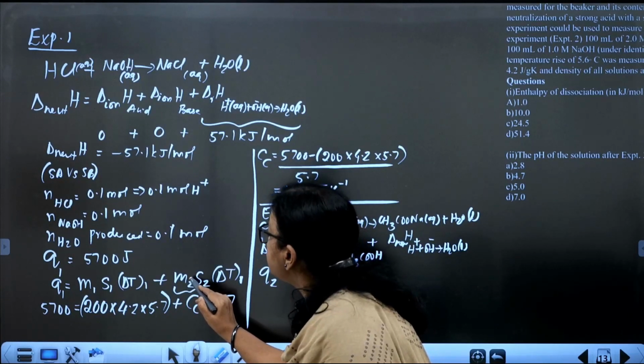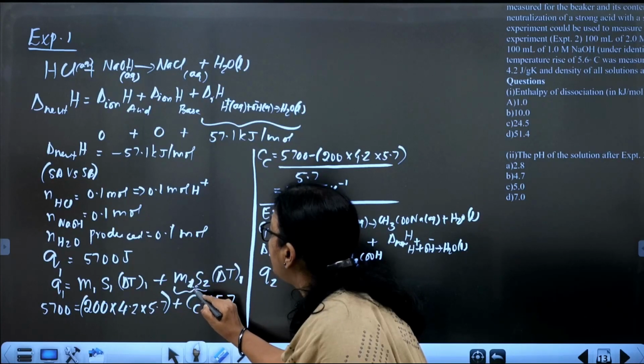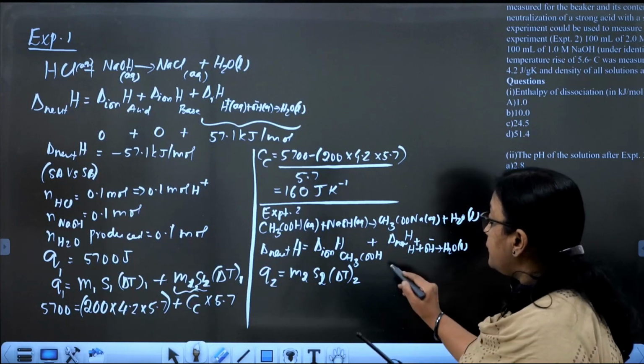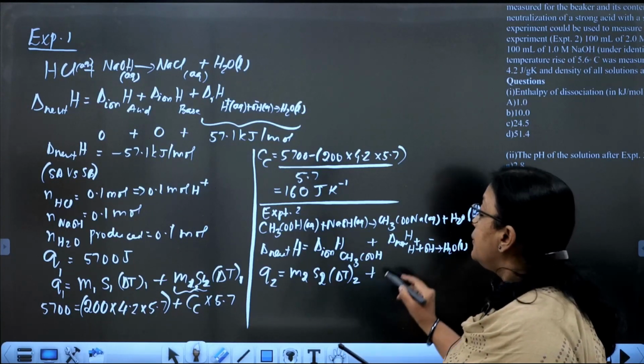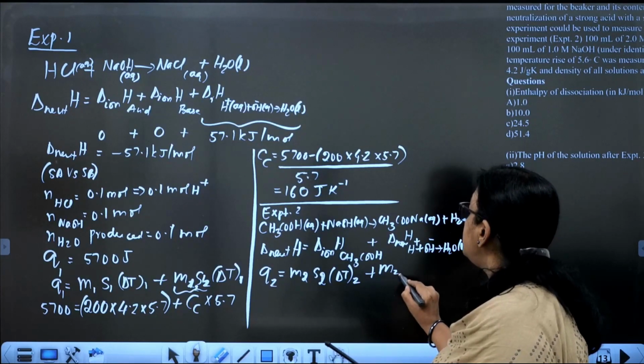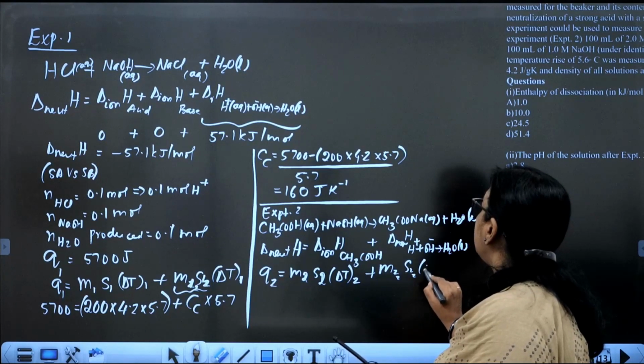To make a difference, let us put it as M1 of 2 and M1 of 2. Here M2 S2 delta T2 plus you have the calorimeter's value, which is M2 of 2 S2 of 2 into delta T, the rise in temperature.